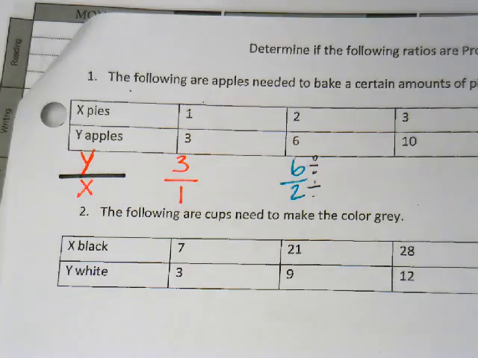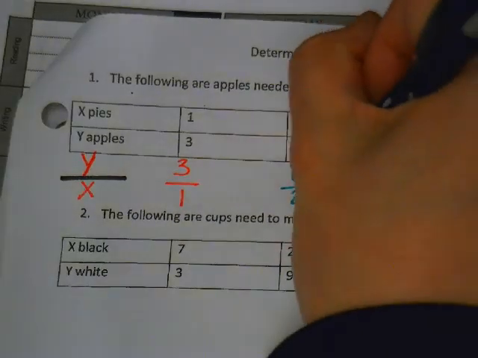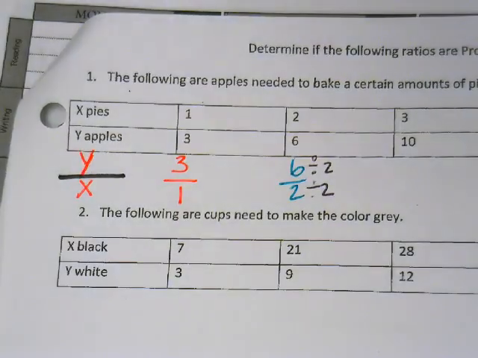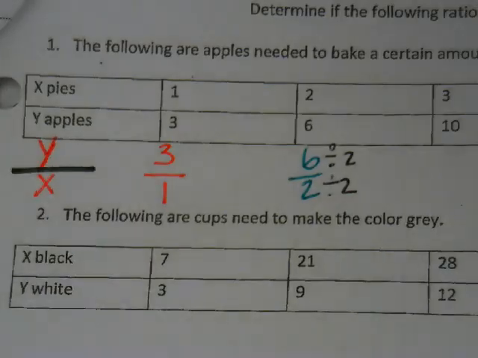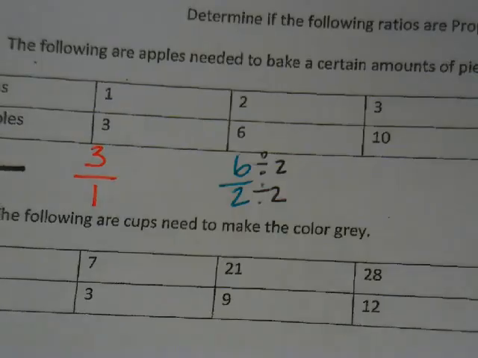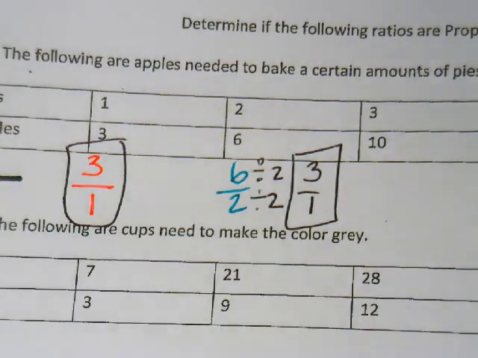What can I divide 6 and 2 by? 2. So everybody right now, divide the top and the bottom number by 2. What do we get? 3 over 1. Hey, do the fractions match? Yes. So, we continue. We're happy. We want them to match.